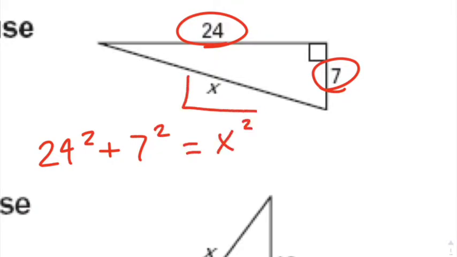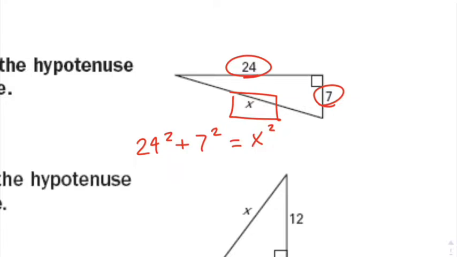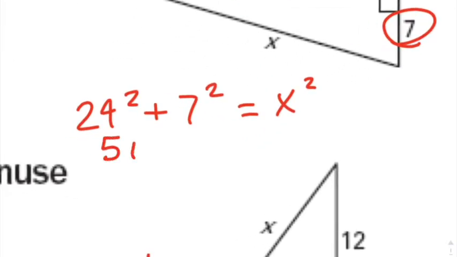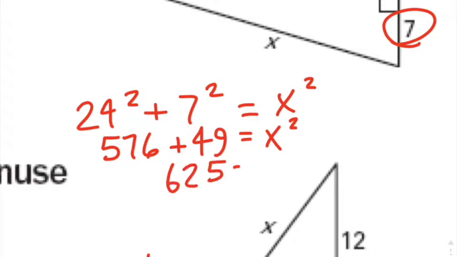Remember, your hypotenuse is always by itself on the equal side, so on one side, either the left or right, the hypotenuse is always by itself when you do the square of it. Then I'm going to use a calculator here. 24 squared is 576, and then plus 49, and then equals x squared. 576 plus 49 is 625, and then you can take the square root of that, and that should get us 25.